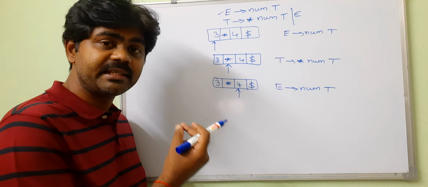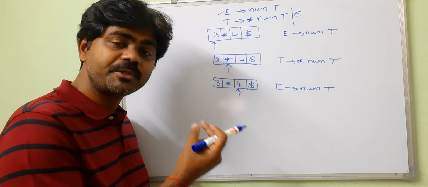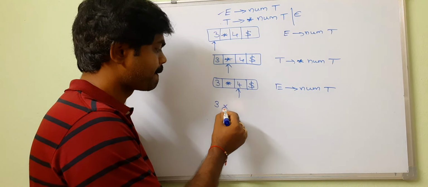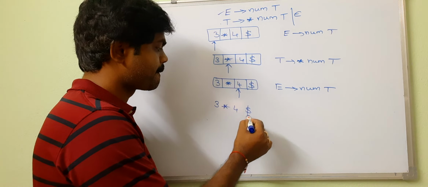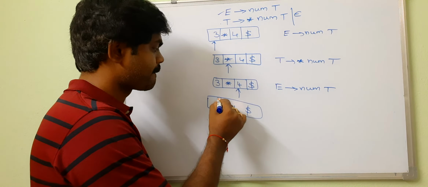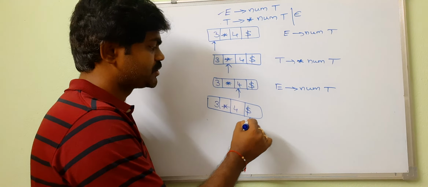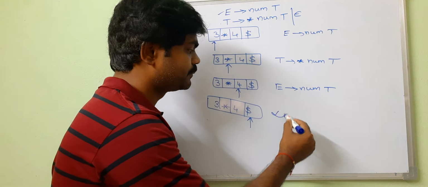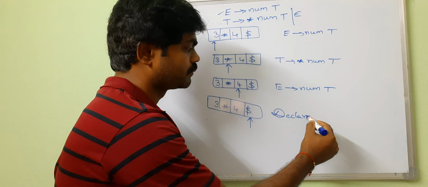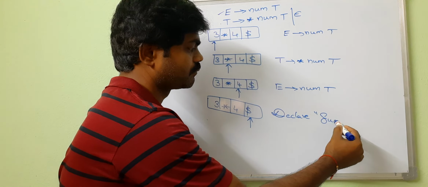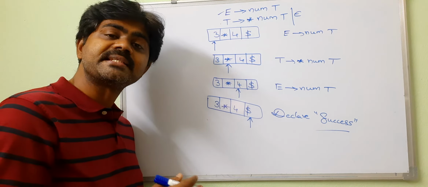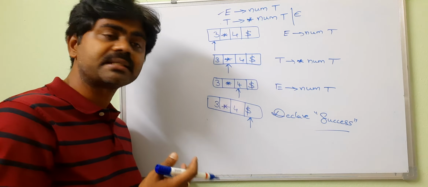So what I said, if we encounter a dollar, we should declare success. So my look ahead is a dollar, and we declare success. Okay. So this is a recursive descent parser.